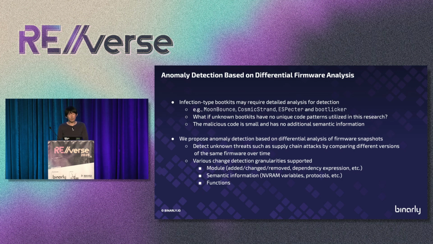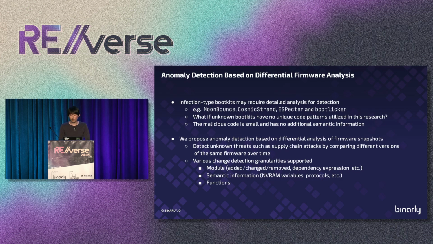Semantic-based detection works well for most cases, but infection type bootkits may require detailed analysis for detection because the code is small and has no additional semantic information. To resolve this issue, we propose anomaly detection based on differential firmware analysis.